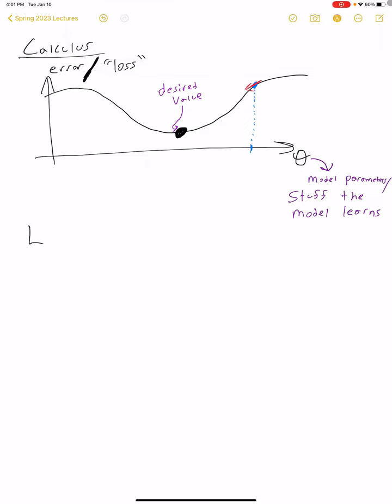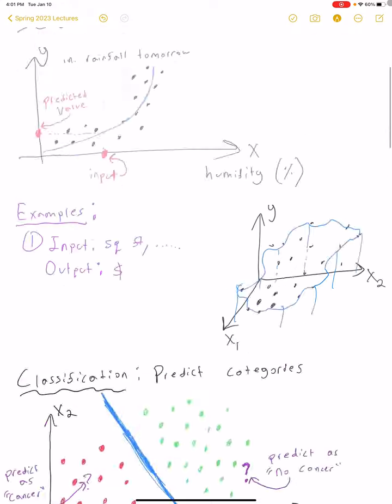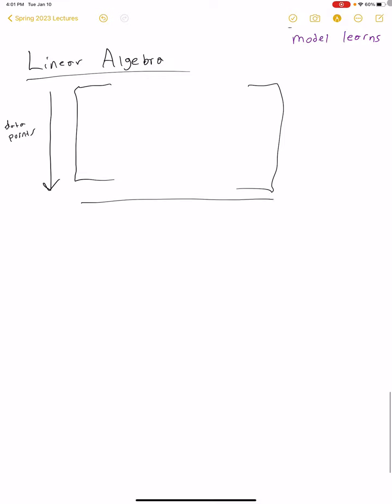Why does linear algebra matter? Well, it's typical to represent data as matrices, where the rows are different data points, and the columns are features.